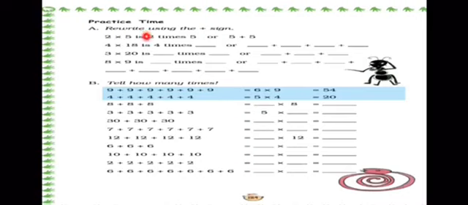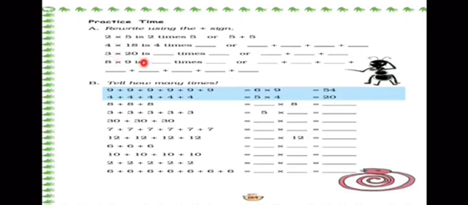Practice time. Rewrite using the plus sign. Now 2 multiplied by 5 is 2 times 5 or 5 plus 5. So here also 4 multiplied by 18 is 4 times 18 or 18 plus 18 plus 18 plus 18.